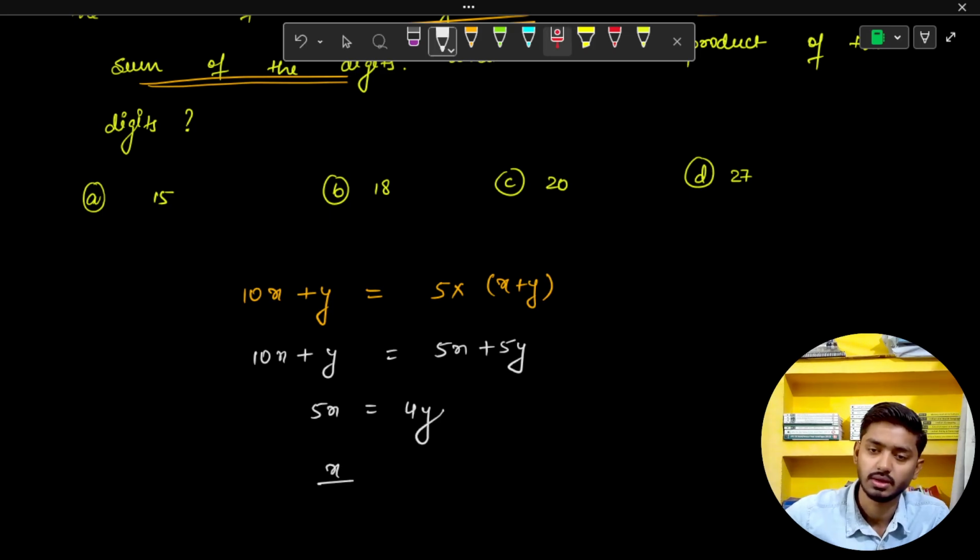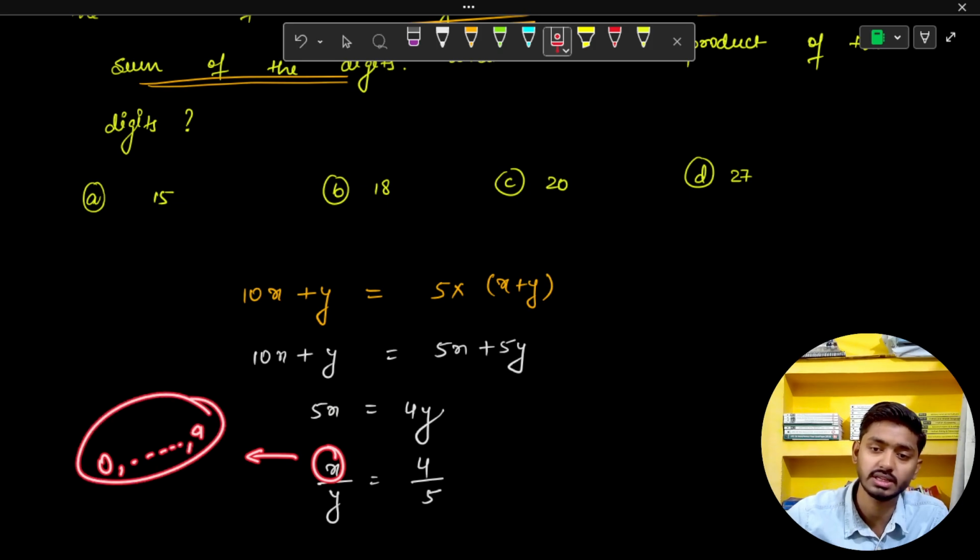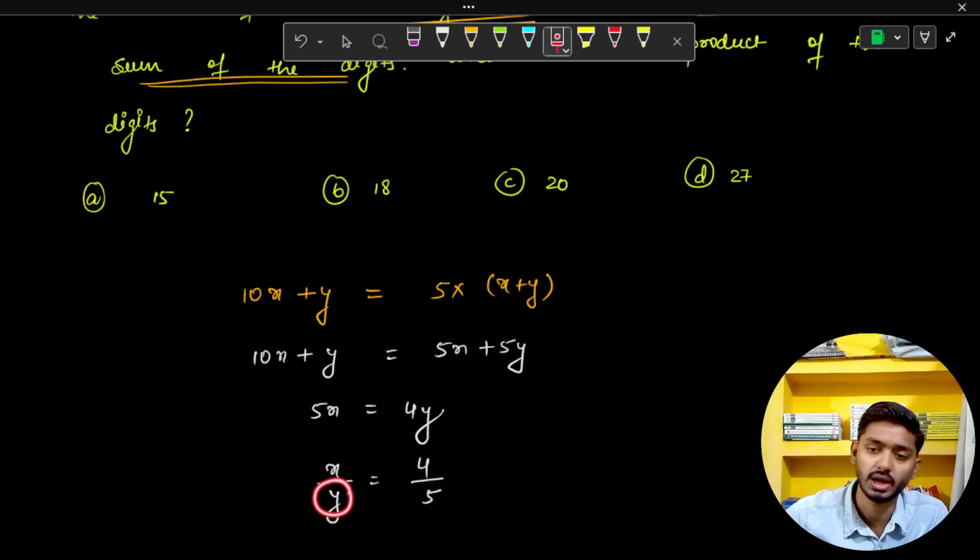Now, the ratio for x and y would be 4 by 5, and as we know that x and y are digits of a number, the value of x could be all the way from 0 to 9. It cannot be more than that. Similar goes for y. So we'll assume the value of x to be 4 and y to be 5.